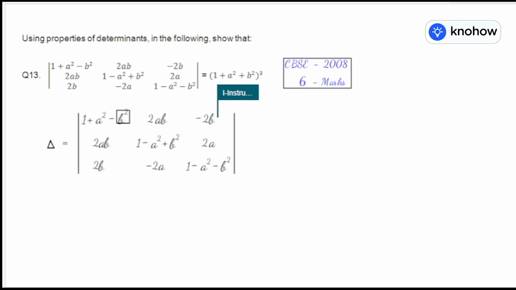So the first step is to replace C1 by C1 − b times C3.